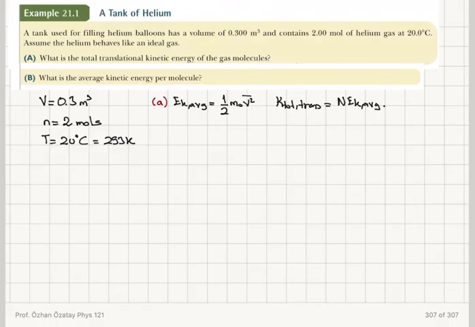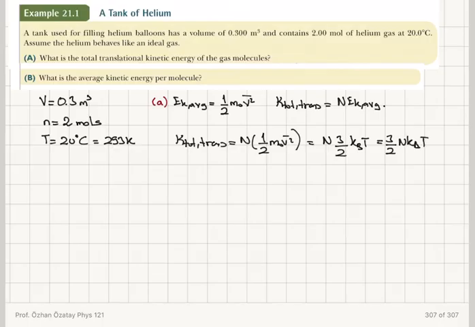So the total translational kinetic energy is n times 1/2 m0 v square bar, which, using the equipartition theorem, is equal to 3/2 kBT, because it's vx squared plus vy squared plus vz squared, 3 degrees of freedom. So I have as a result 3/2 n kBT. Written in terms of the universal gas constant, this would be 3/2 number of moles times RT.